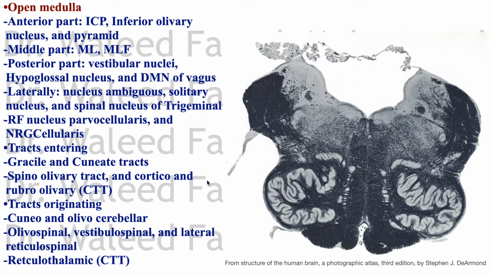In the posterior part, we can see the vestibular nuclei, the hypoglossal nucleus, and the dorsal motor nucleus of vagus. Laterally, as I told you before, is the nucleus ambiguus and solitary nucleus or nucleus solitarius, and spinal nucleus of the trigeminal nerve.